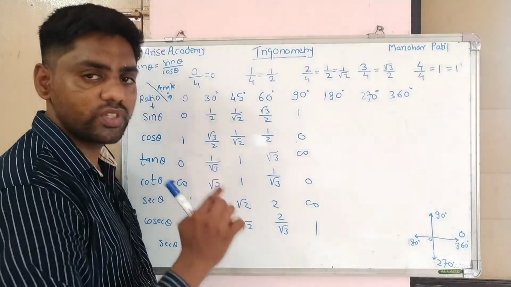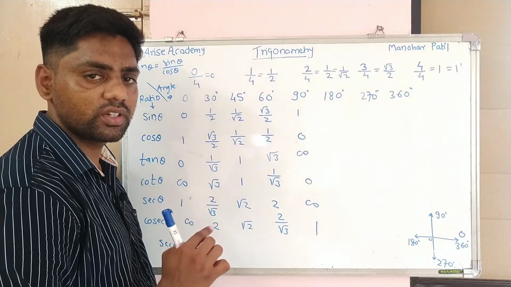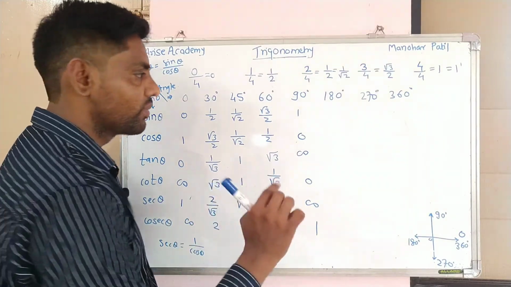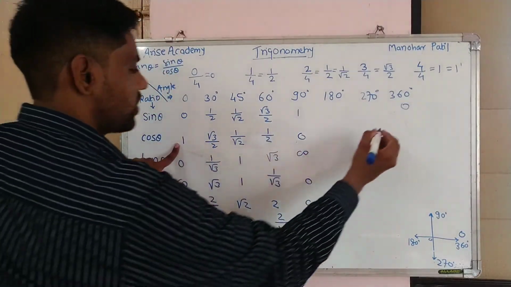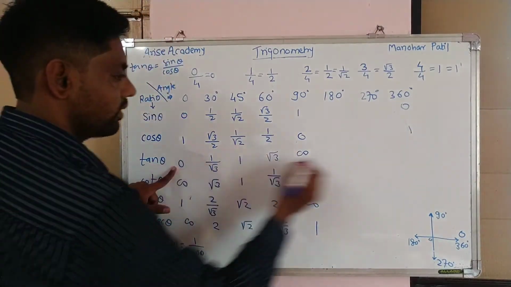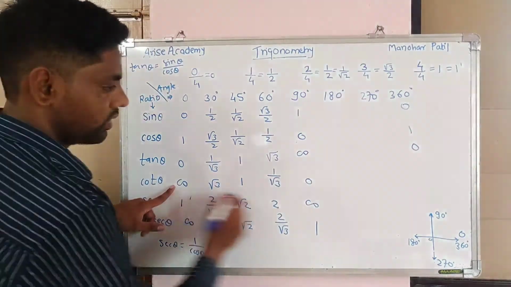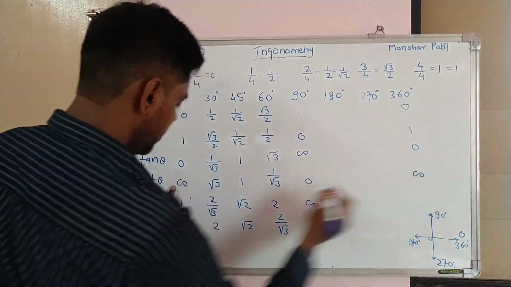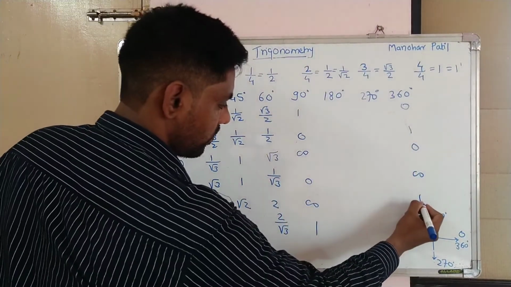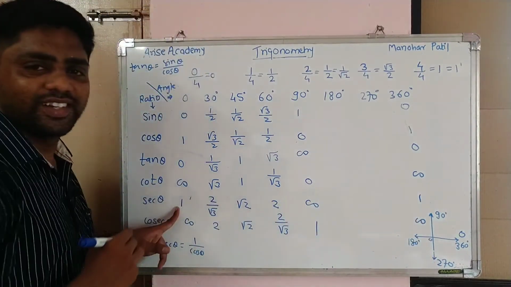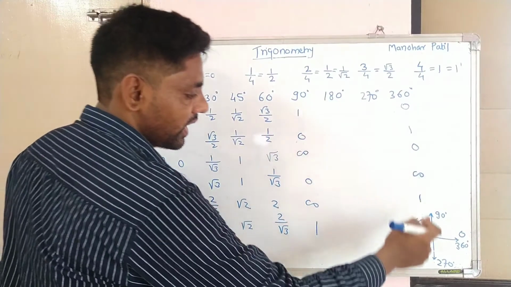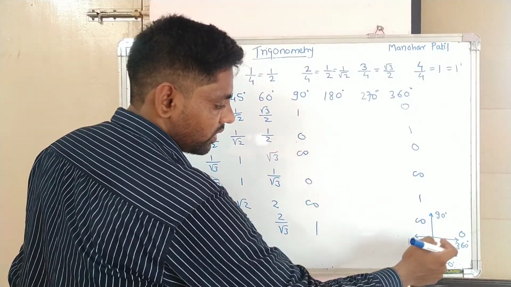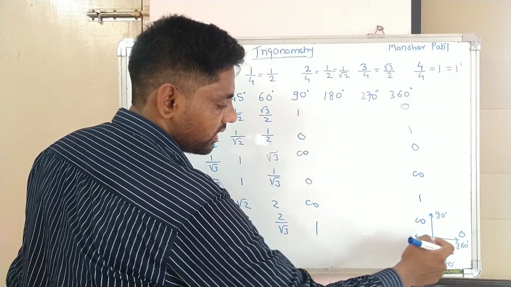Therefore the values at 0 and 360 degrees remain the same. That is, sin 0, cos 1, tan 0, then infinity, 1 and infinity.